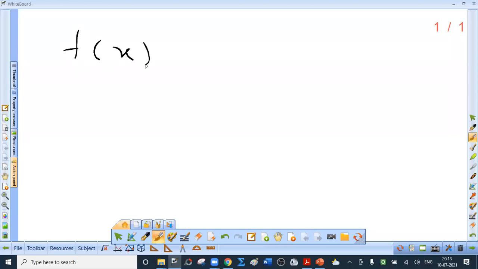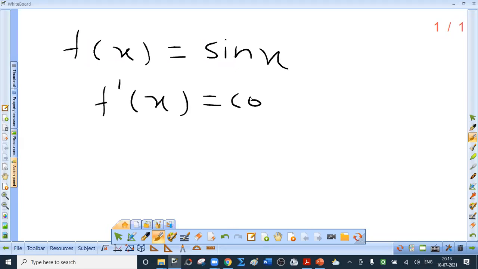If f of x is sin x, then its derivative with respect to x is nothing but cos x. Now don't ask me how. If you want, you can Google this, or you can refer to the textbook, because this is there in the syllabus, but this topic will be taught in detail in second semester.